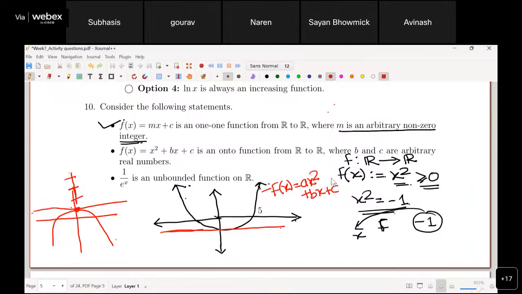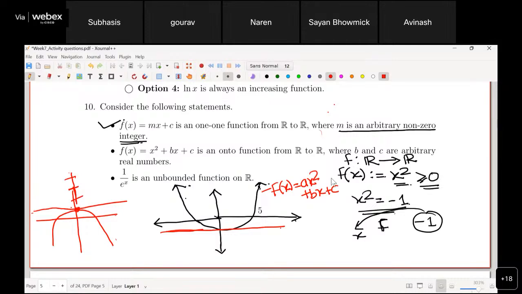If you reduce your domain, it is not going to help you. Instead, you need to reduce your codomain. Instead of taking the codomain to be the whole of R, you can take the codomain to be just the range of that function. For example, f from R to R, f of x equals x square.